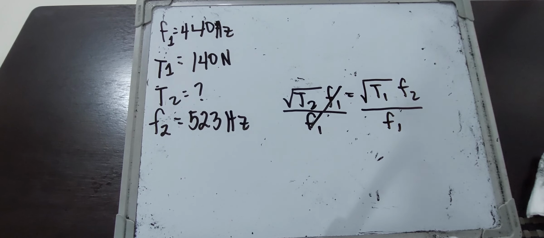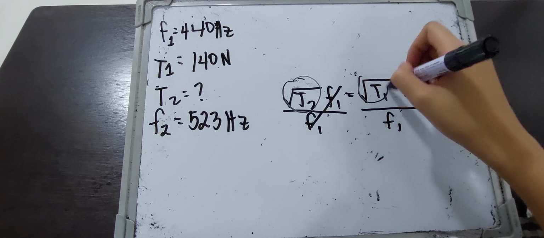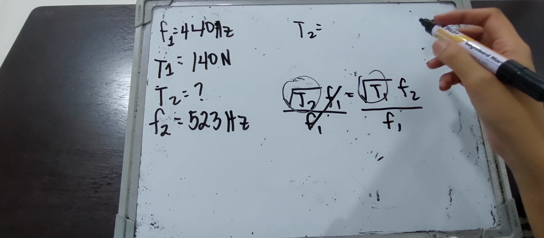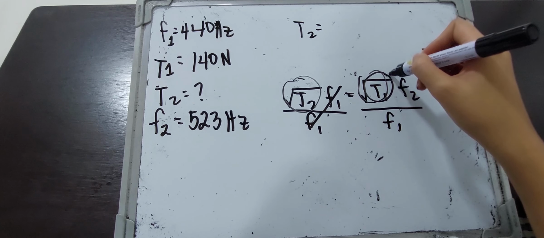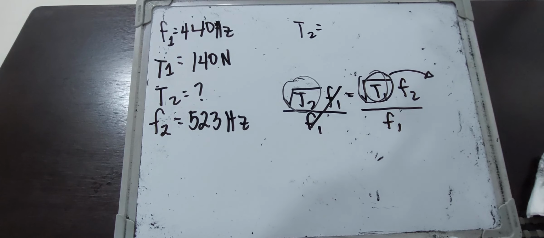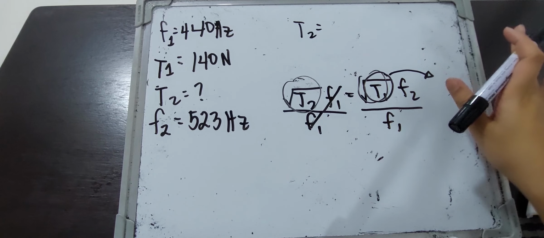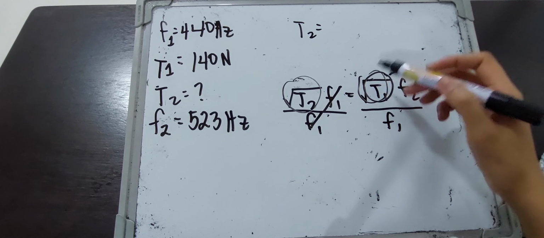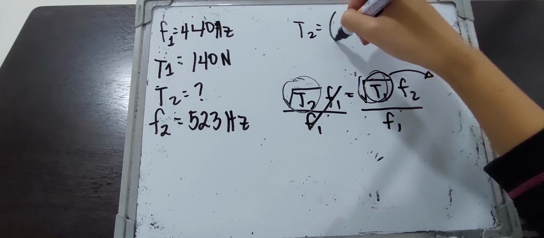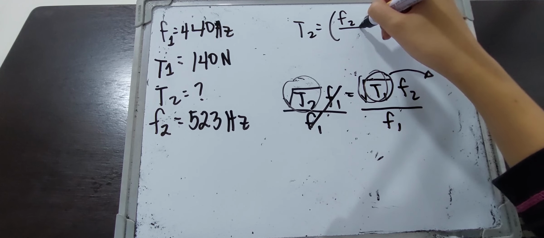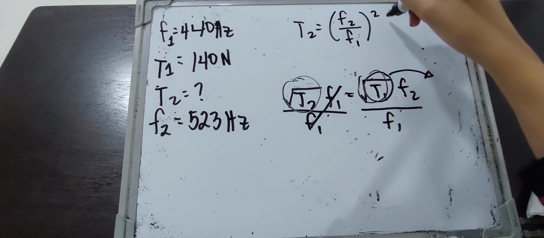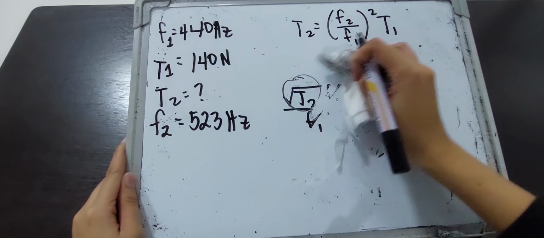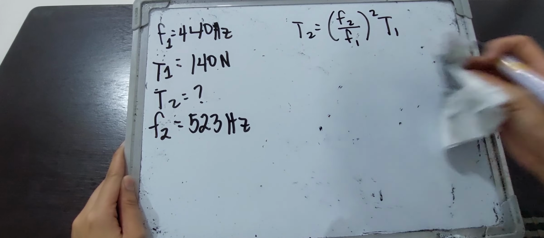Since both sides have a square root, we will have the formula T sub 2 is equal to, moved to the last part, and to cancel out our square root, we will square F sub 2 divided by F sub 1, squared, times T1. Let us substitute.